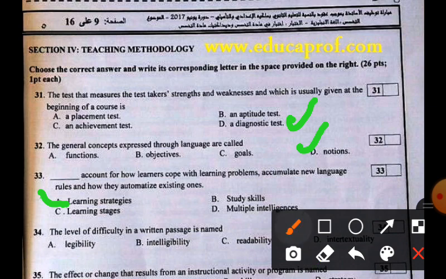The level of difficulty in a writing passage is named: legibility, intelligibility, readability, or intertextuality. So here the right answer is C, readability.